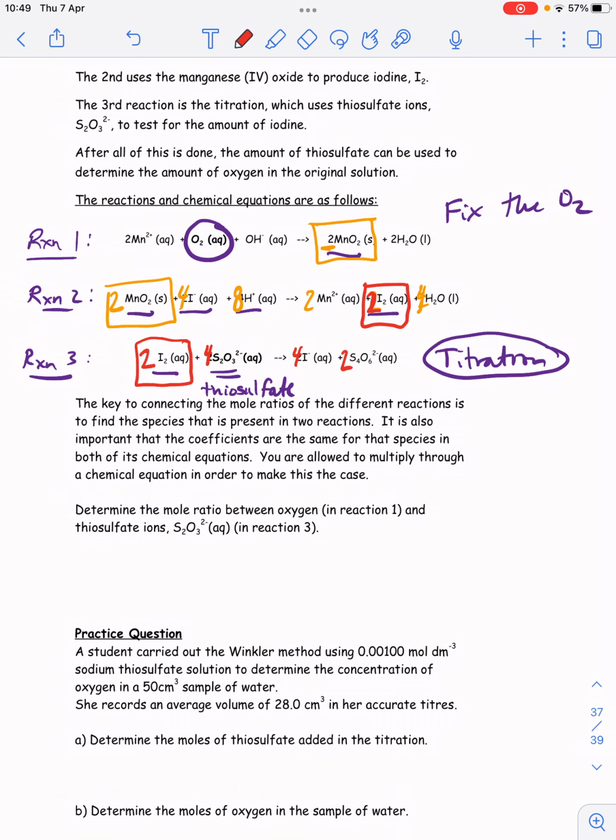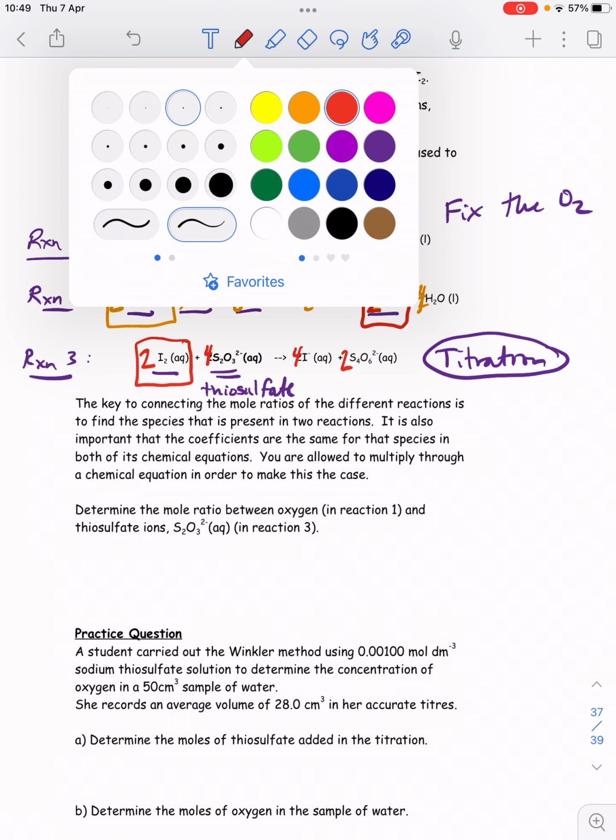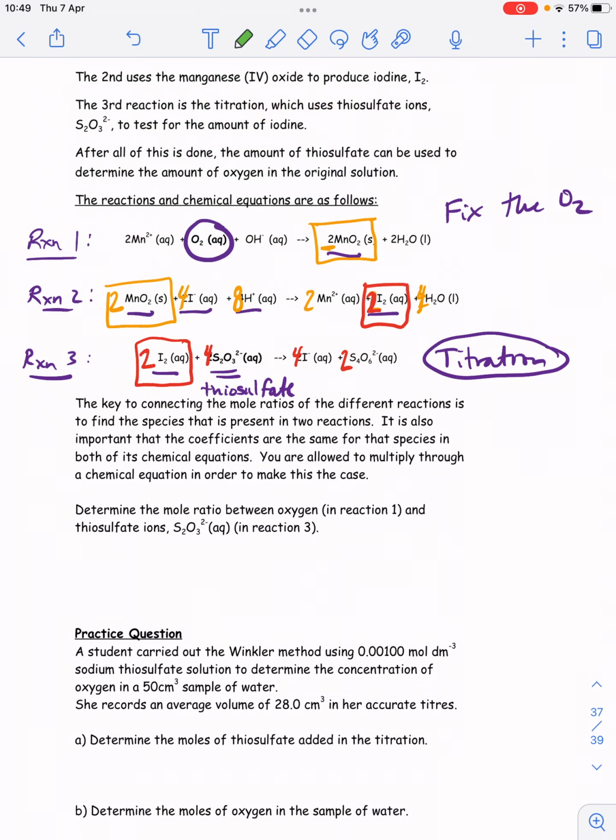And now what I can hopefully see, let's use one more color, is that if I follow these ratios through, for every 1 mole of oxygen, the coefficient in front of the O2 is a 1. So 1 mole of O2 makes 2 moles of MnO2.